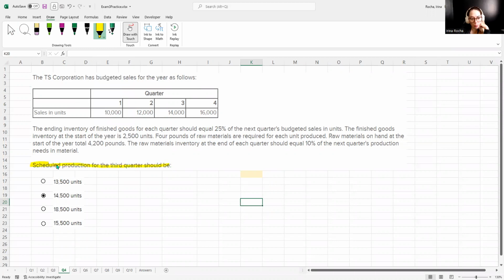So we are talking about the production schedule, right? Okay, let's call the production schedule the yellow one. The ending inventory of finished goods for each quarter should be 25% of the next quarter's budgeted sales in units. Okay, this is for the production schedule. The finished goods inventory at the start of the year, okay, this is my beginning inventory.